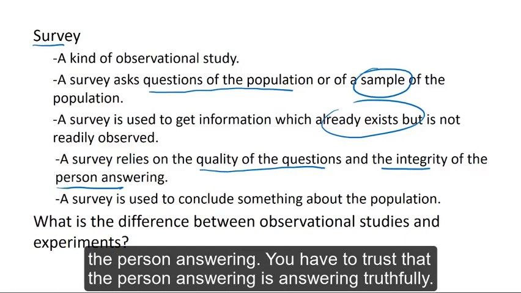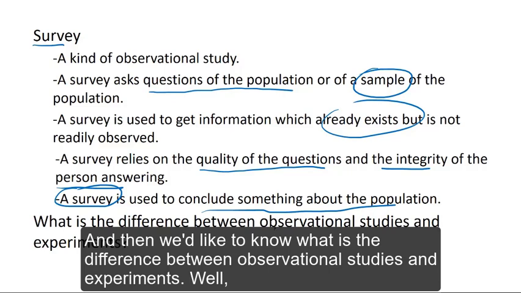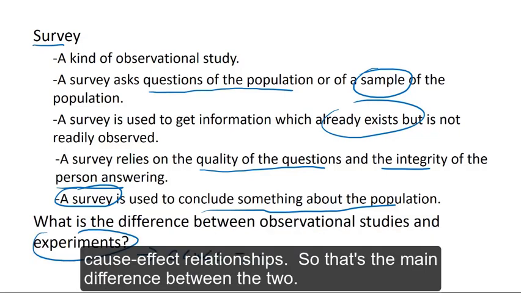We do have to trust that the person answering is answering truthfully. And when we get a survey, we use it to conclude something about the population. And then we'd like to know what is the difference between observational studies and experiments. Well, we've said that observational studies only get information, whereas in experiments we're trying to look for cause-effect relationships. So that's the main difference between the two.